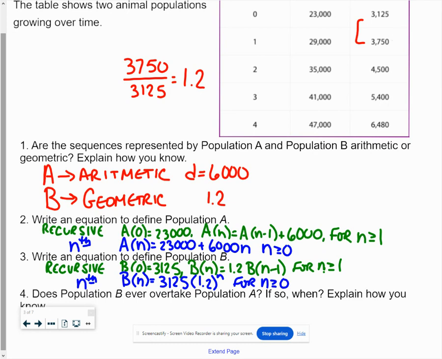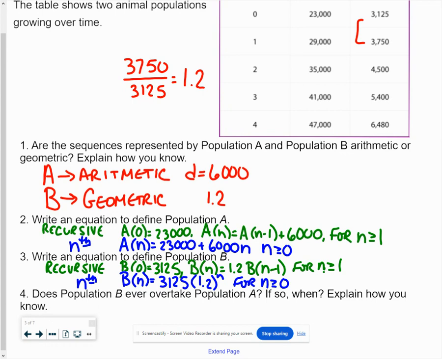The question at the end of this says, will population B ever overtake population A? Well, clearly it's starting a lot smaller. They're both growing, but because B is geometric, because it's multiplying, it's exponential, it is absolutely going to overtake population A. We could get this by graphing those two, but I'll tell you that that happens between year 21 and 22.